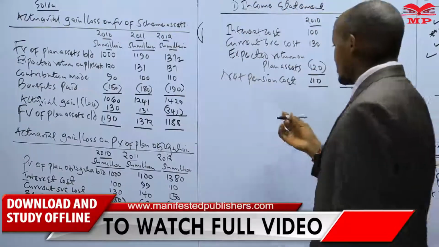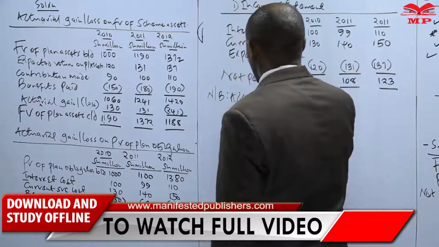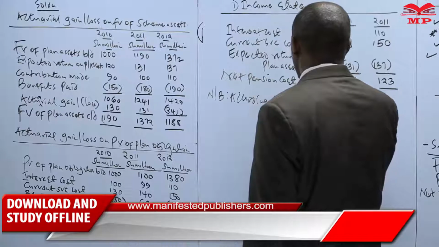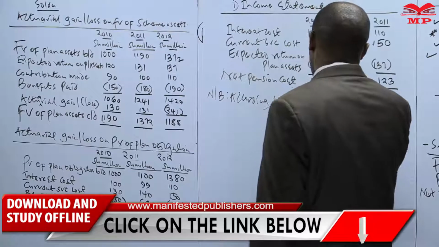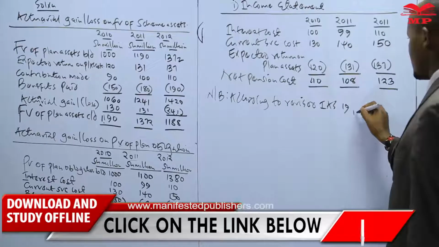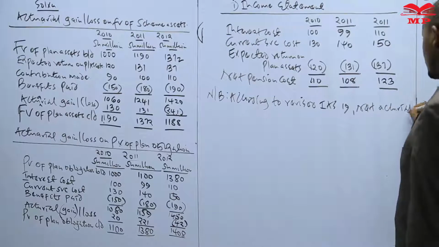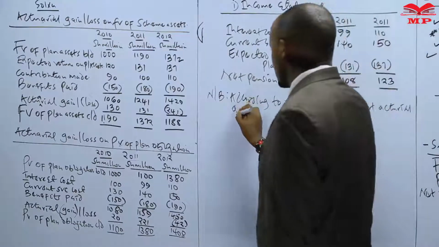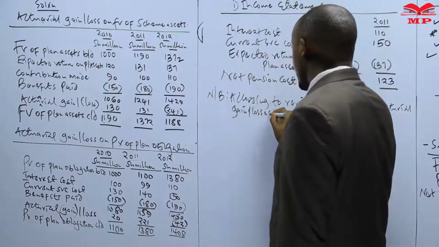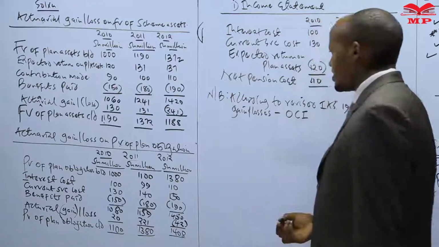Irrelevant, because what you need to note is that according to the revised IAS 19, net actuarial gains or losses should be accounted for as part of the other comprehensive income.